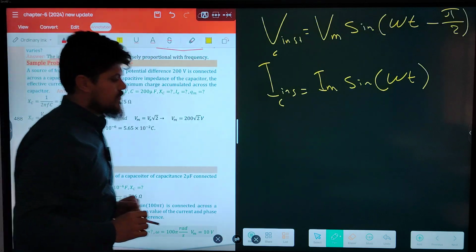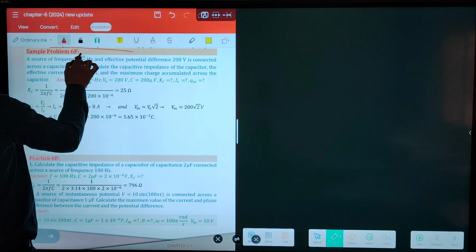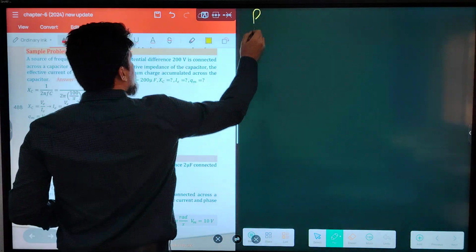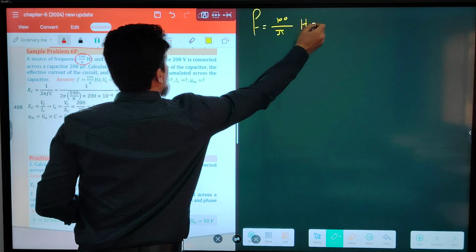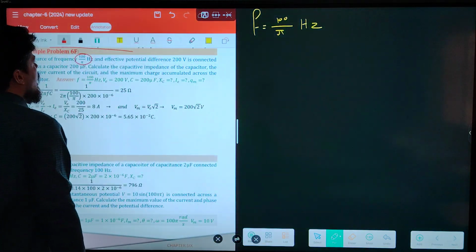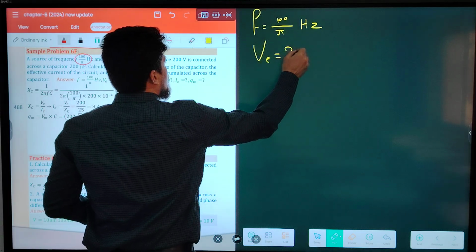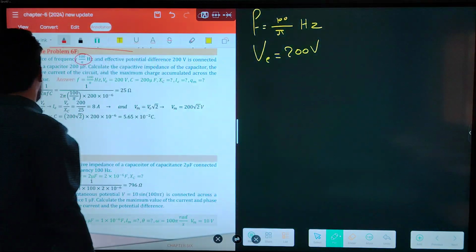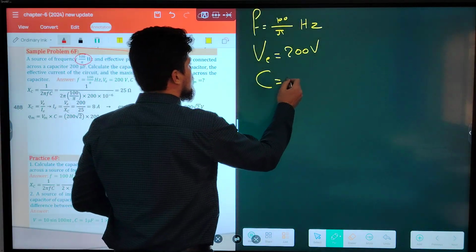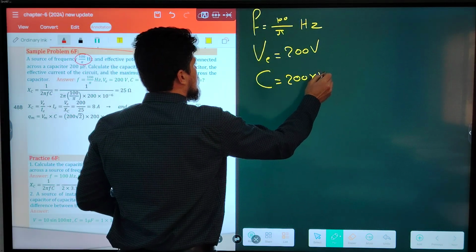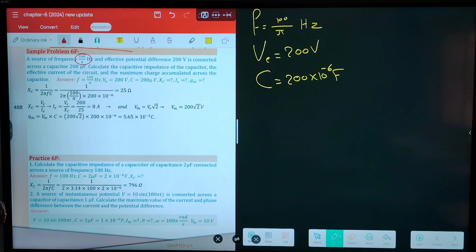Sample problem 6F. A source of frequency 100/π hertz and an effective potential difference VE of 200 volt is connected across a capacitor of 200 microfarad, C = 200 × 10^-6 farad.